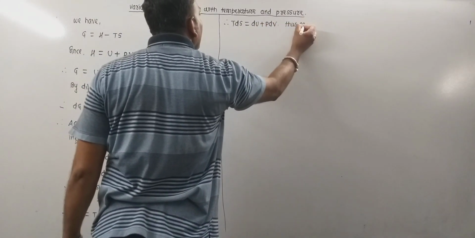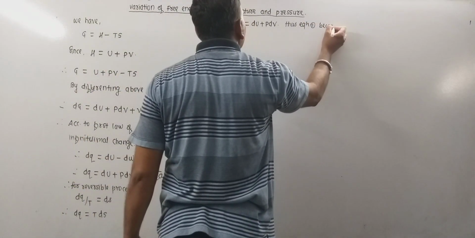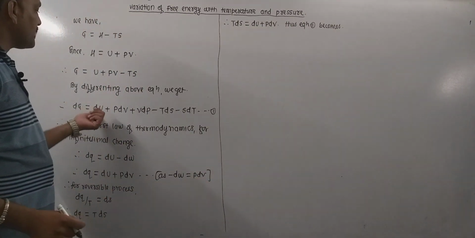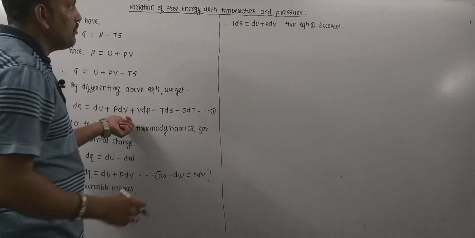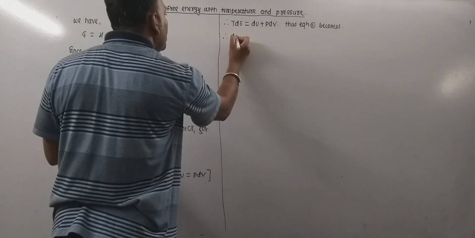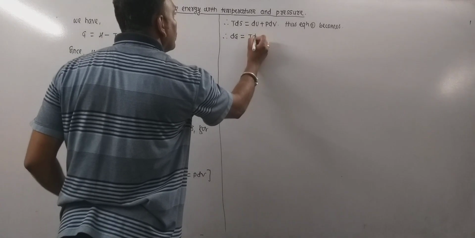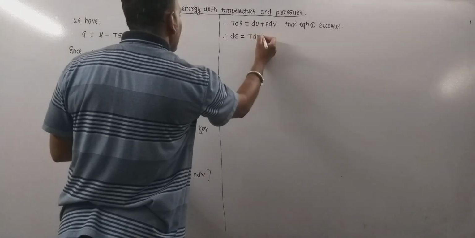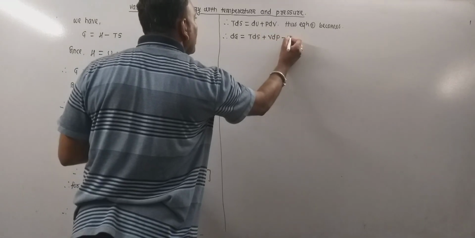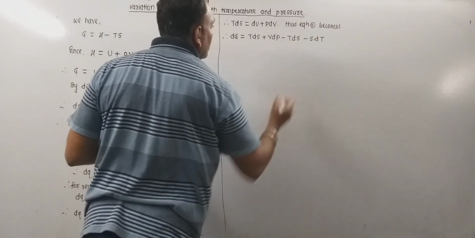Thus equation 1 becomes, instead of dU plus PdV, one can substitute TdS. So this becomes dG equals TdS plus VdP minus TdS minus SdT.